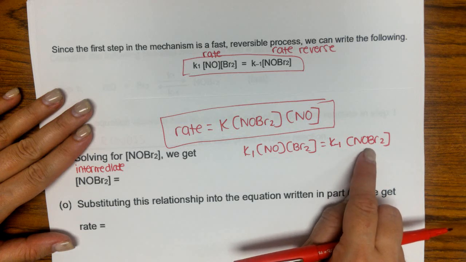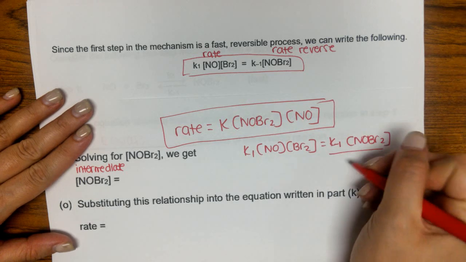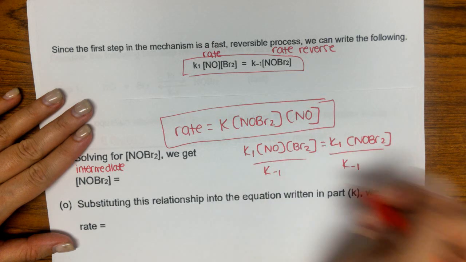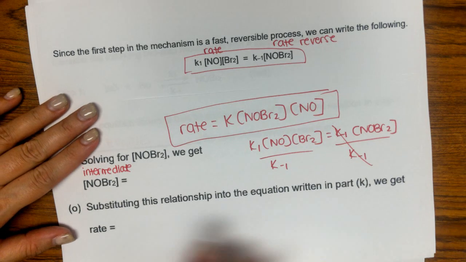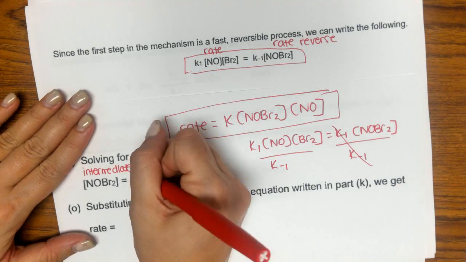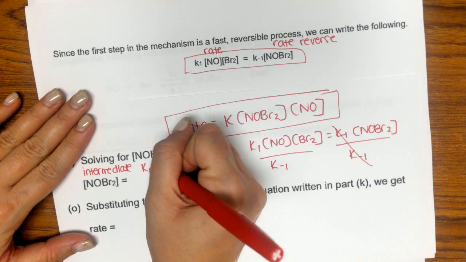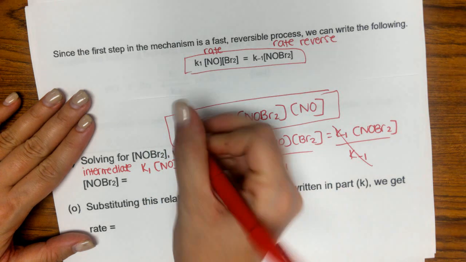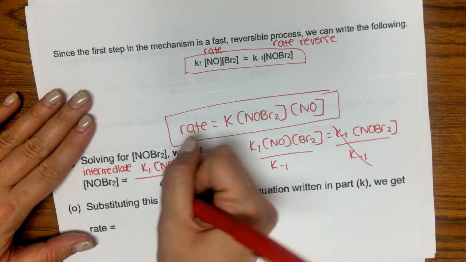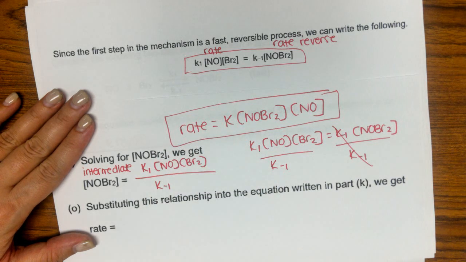To get this by itself, I'm going to divide each side by K to the -1. So now that's gone, and now we have NOBR2 equals K1 times NO times BR2 over K to the -1.